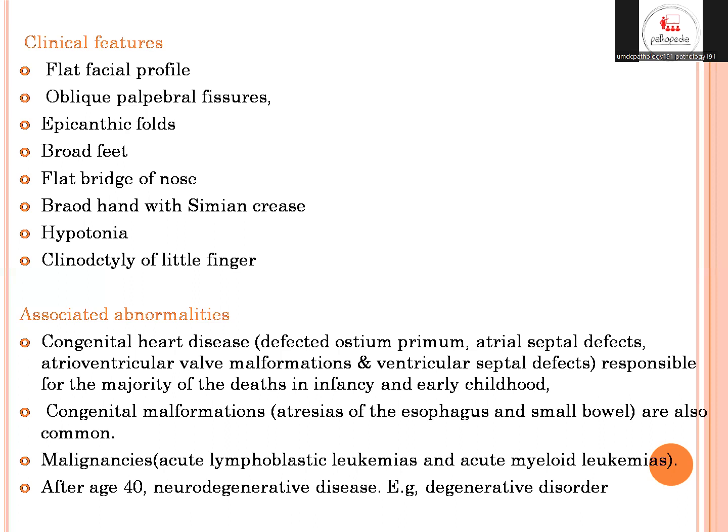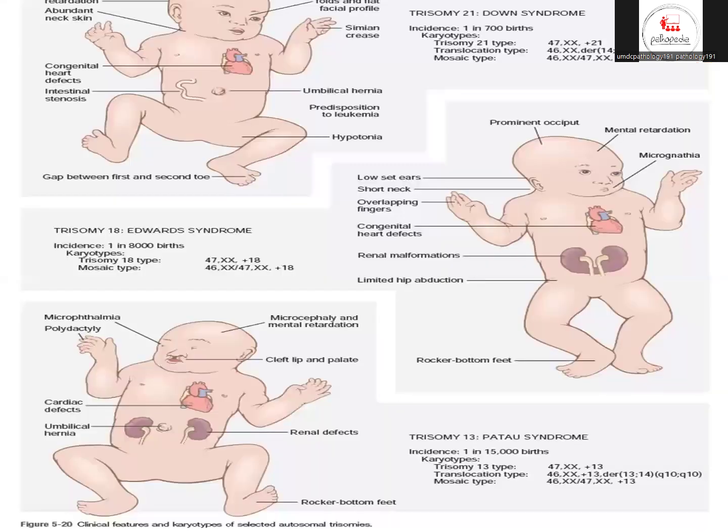Malignancies like acute lymphoblastic leukemia and acute myeloid leukemia are also common, and after age 30, neurodegenerative disorders can develop. This is the picture of trisomy 21 showing the clinical features of the patient.